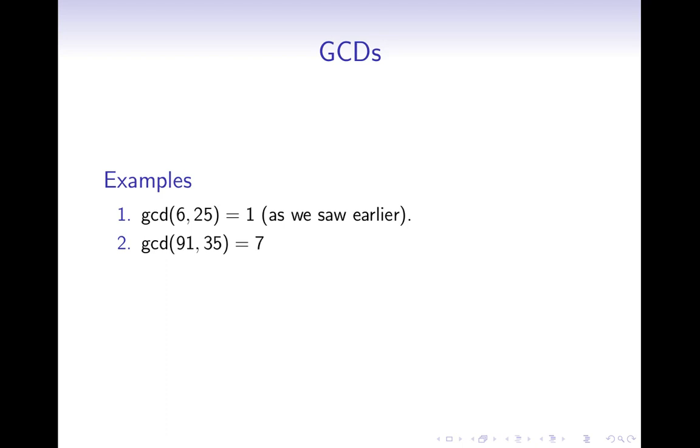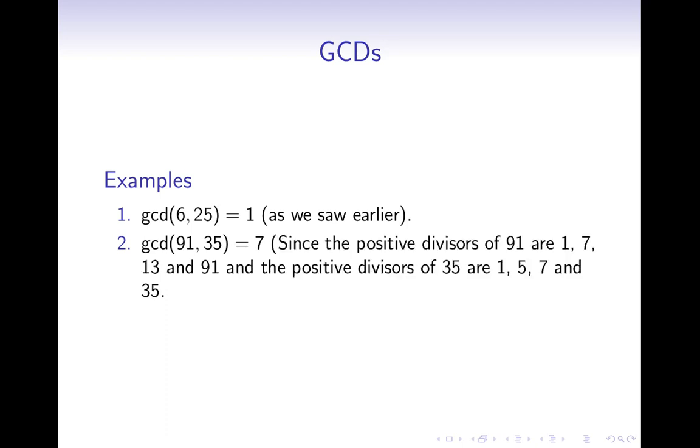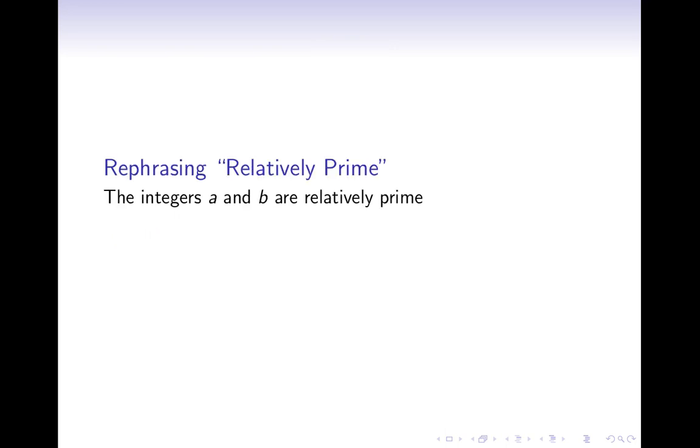We didn't do this calculation, but I have done it. Oh, and here it is. The positive divisors of 91 are 1, 7, 13, and 91. The positive divisors of 35 are 1, 5, 7, and 35. 1 and 7 are common divisors, and 7 is the largest of those.